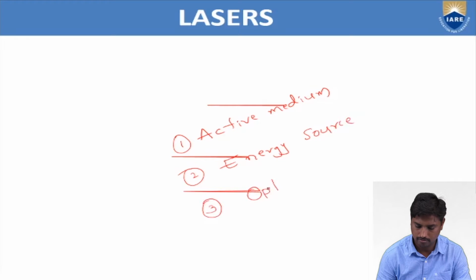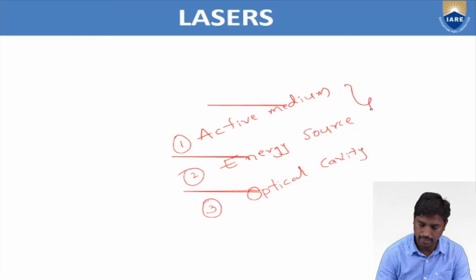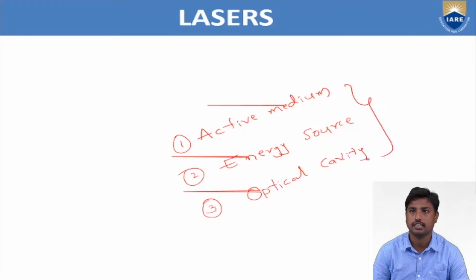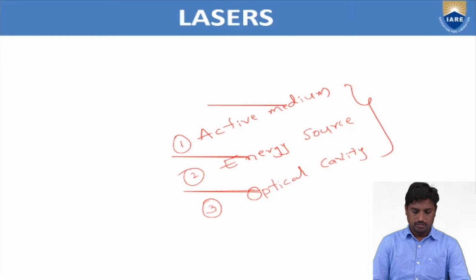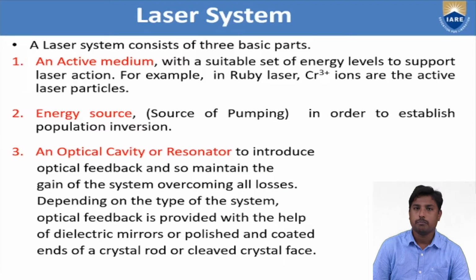Third is the optical cavity. These are the three basic parts in the laser transition. The active medium, where the total laser transition occurs. The energy source, nothing but the pumping source, is used to excite the atoms from the ground state to the various energy states. The optical cavity gives the optical feedback.